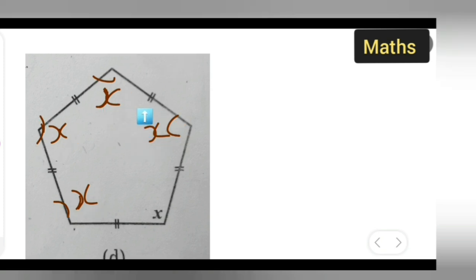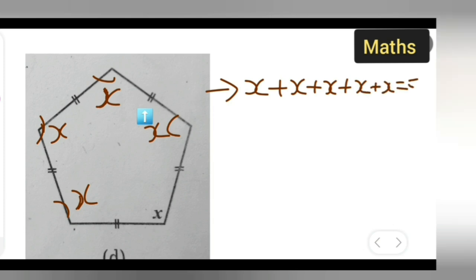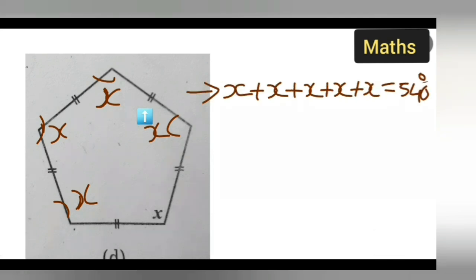Okay, so basically what we need to do is add all these x. 1, 2, 3, 4, 5 is equal to 540 degrees. So how many x are there? 5x, right? So write down 5x is equal to 540.